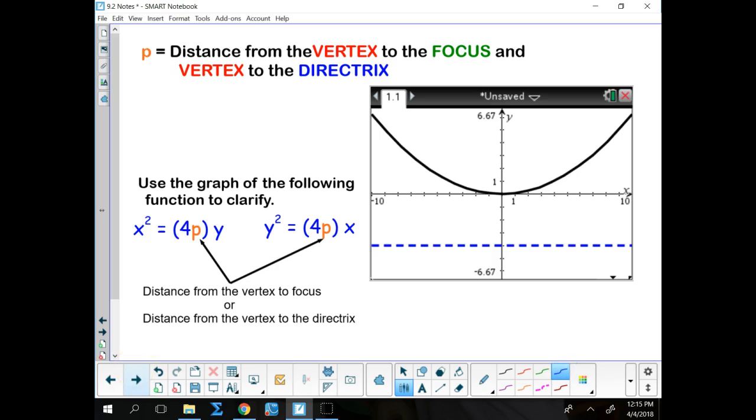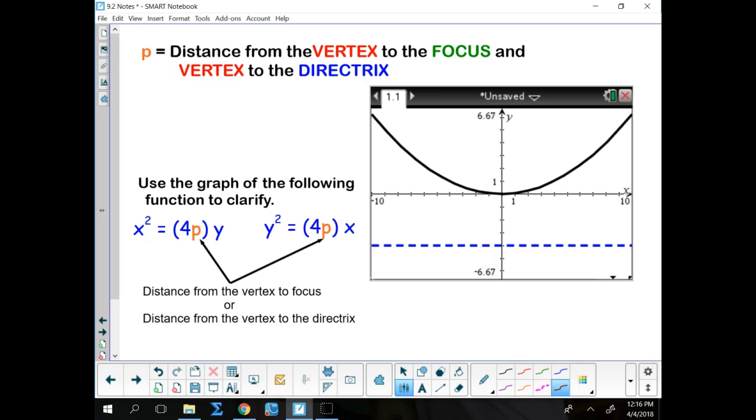We're going to call P the distance from the vertex to the focus and from the vertex to the directrix.